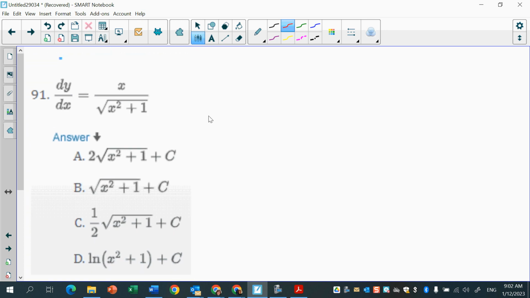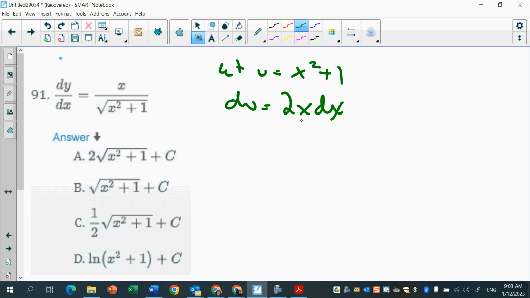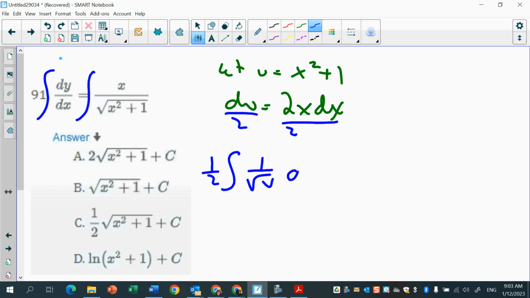If I'm doing this one, it is u substitution. So we're going to say let u equal x squared plus 1. Then du is 2x dx. I don't have the 2, so I'm dividing by 2. So I have 1/2, because again, what am I doing but integrating both sides. So I have 1/2 times the integration of 1 over the square root of u du, which is the same thing as 1/2 times the integration of u to the negative 1/2 du.